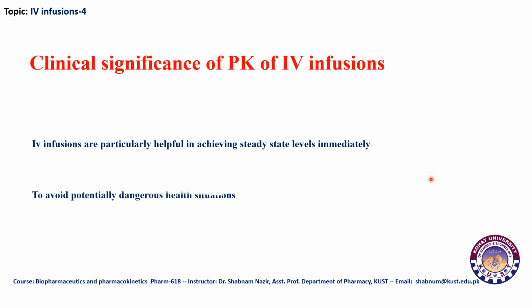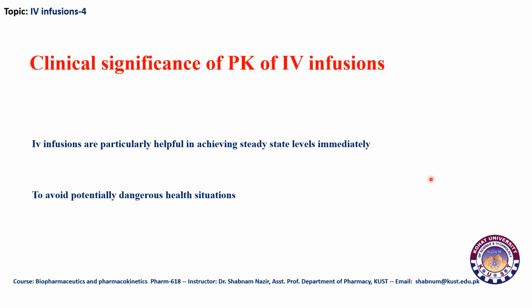To avoid potentially dangerous health situations: as we discussed already, there are drugs which have low therapeutic indices and narrow therapeutic windows, and it is very easy for such drugs to cross a toxic concentration within no time. Examples are digoxin, lithium, and gentamicin. That's the reason that most often for such drugs, therapeutic drug monitoring is suggested.